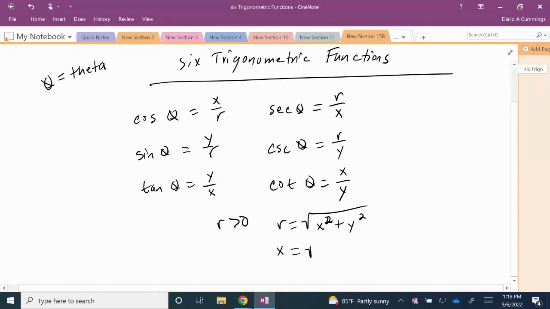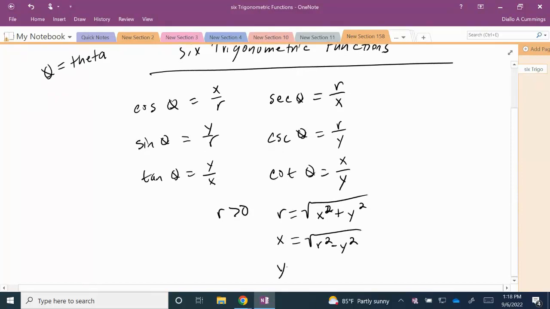X is equal to the square root of r squared minus y squared. And y is equal to the square root of r squared minus x squared. Okay. So we'll see some examples where we have to find x and we have to find y, so we'll use one of the two formulas.